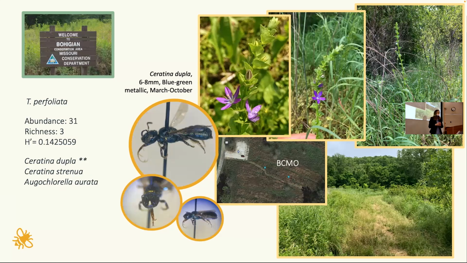While there were bee species present and Agapostemon aurata was abundant, Toxomerus marginatus, again, was the most highly abundant pollinator at that site.